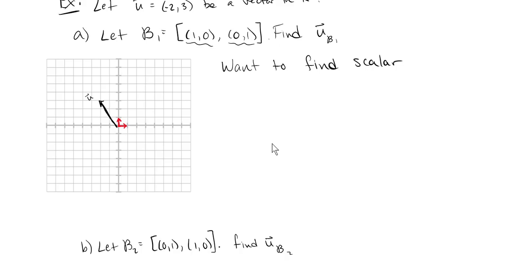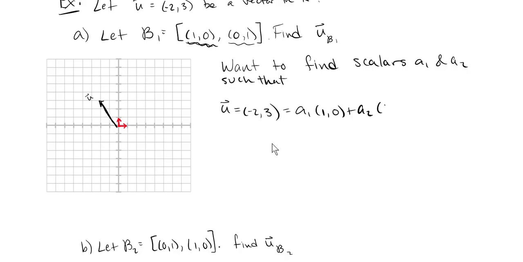So we want to find scalars, I'll call them A1 and A2, such that our original vector u, which at the top of the screen you can see is (-2, 3), equals A1 times the first vector in the ordered basis plus A2 times the second vector.